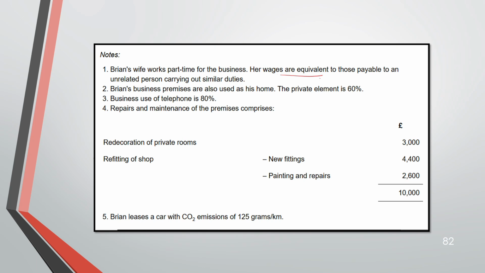Second, the business premises are also the user's home, and the private element is 60%. Business use of telephone is 80%. Repairs and maintenance: they have given how this 10,000 has arrived, the breakdown. This is redecoration of private home. This is for new fittings, painting and repairs. Then a leased car with CO2 emission of 125.